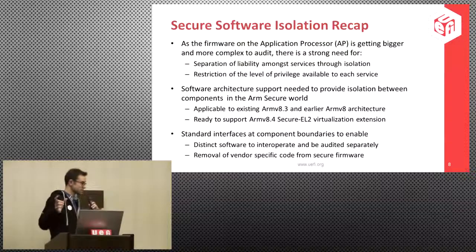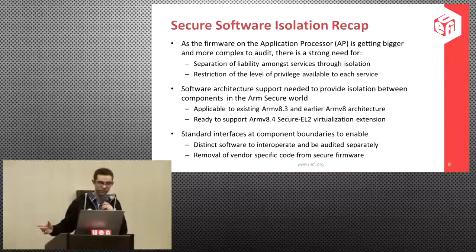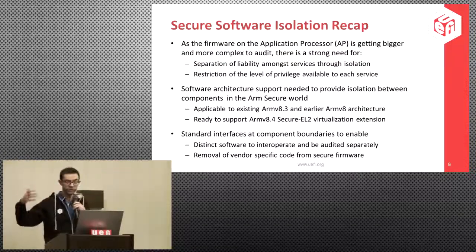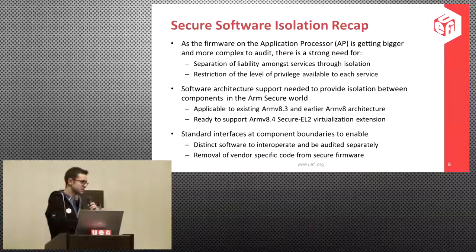And these concepts must work on the existing ARM architecture, so 8.0, 8.1, 8.2 cores. And if we provide the software architecture right, then we also allow a seamless migration to the future architectures, so ARM 8.4 that provides a hardware-assisted isolation. We will see that in a minute.